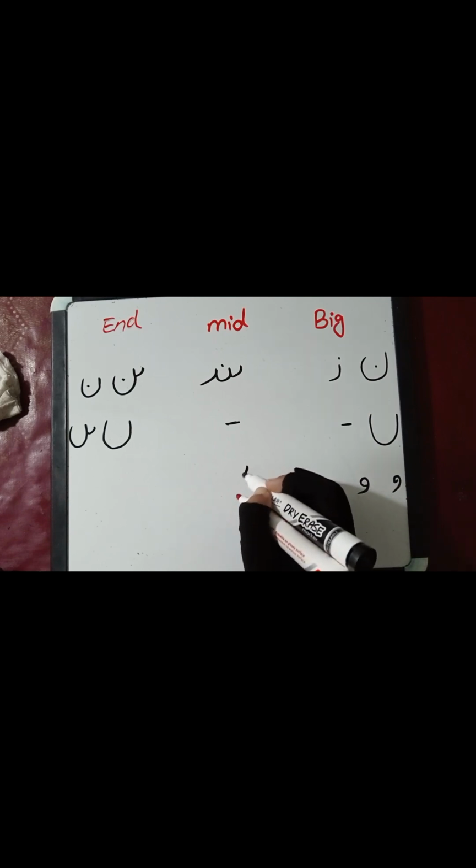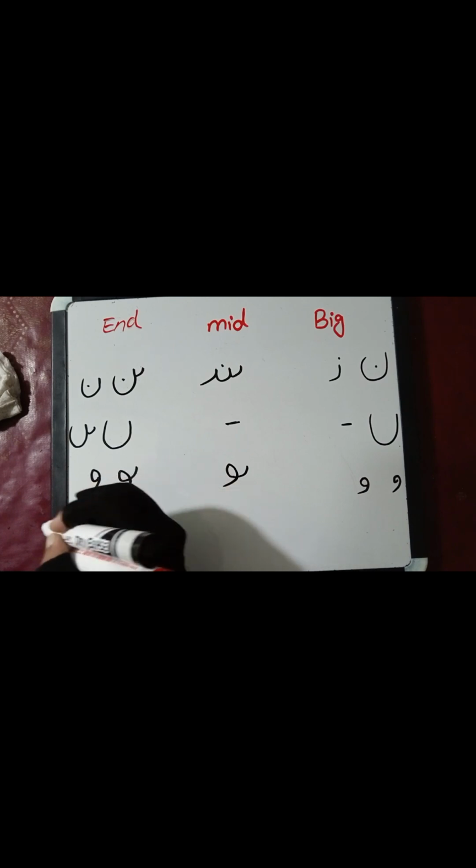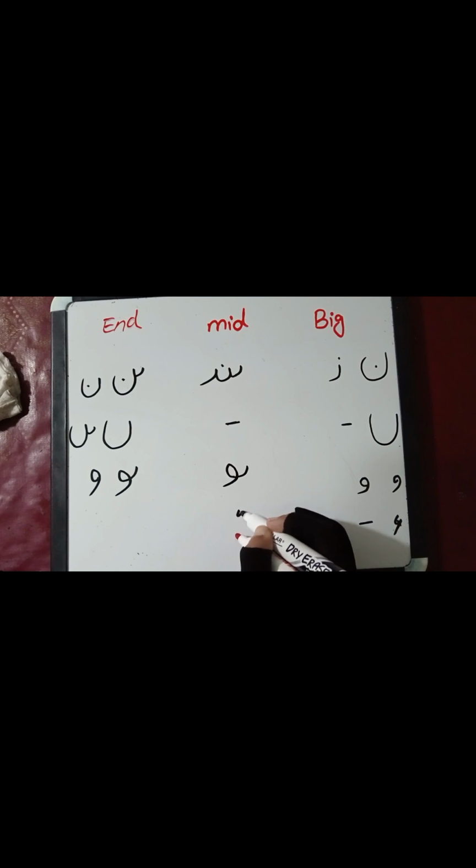Wow, it remains the same in the beginning, in the middle with one connector and in the ending with one connector and sometimes without connector. Hamza, it has no beginning shape, in the middle it comes the same and in the ending also the same.